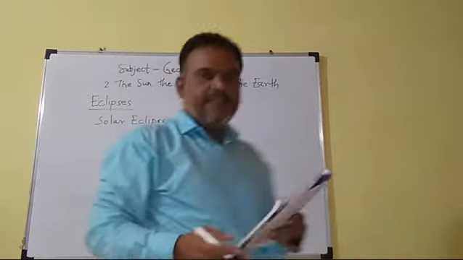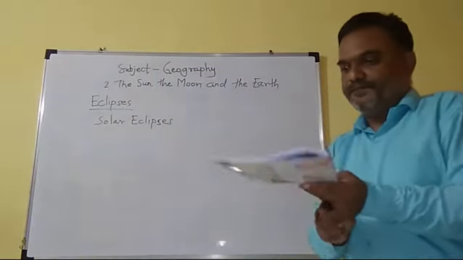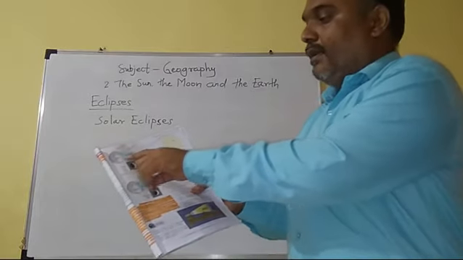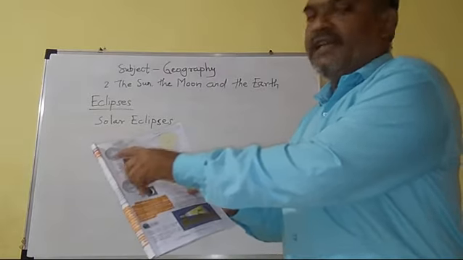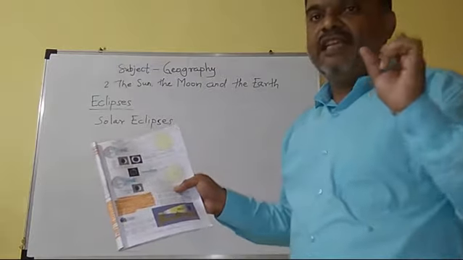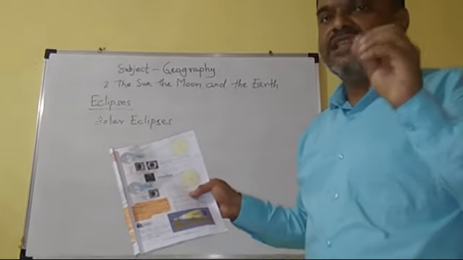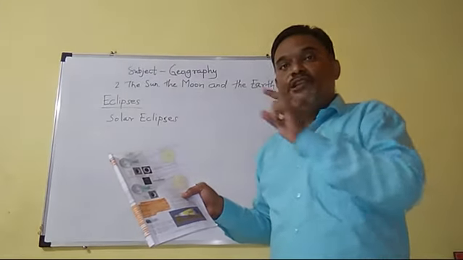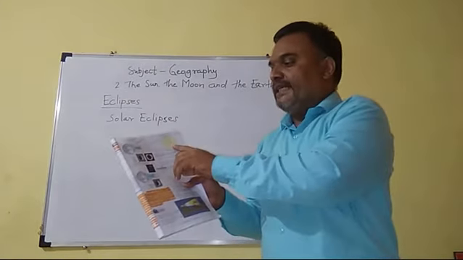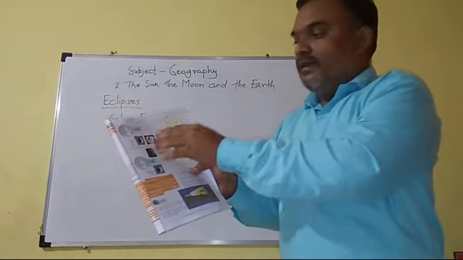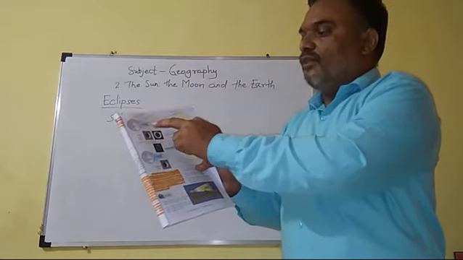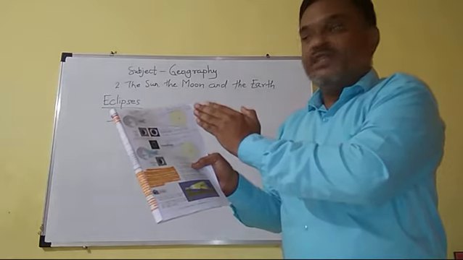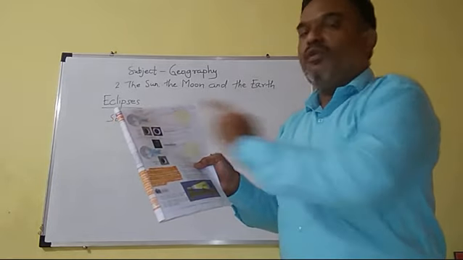Now see this figure 2.5. When the sun, the moon and the earth, all these 3 celestial bodies, come in one straight line and in the same plane on new moon day, at that time the light of the sun falls on the moon and the moon's shadow falls on the earth.